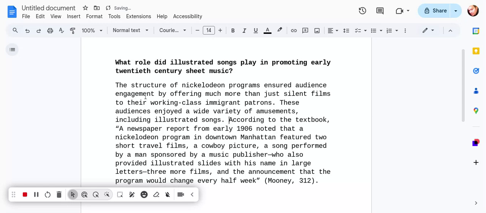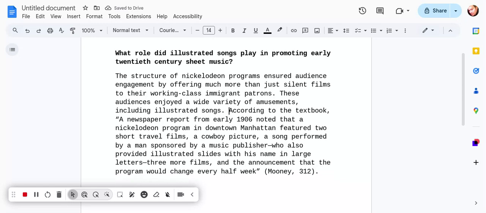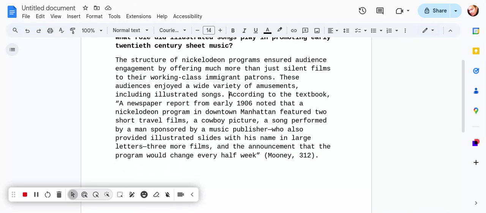the structure of Nickelodeon programs ensured audience engagement by offering much more than just silent films to their working class immigrant patrons. These audiences enjoyed a wide variety of amusements, including illustrated songs. Now you've got this quote from the textbook that actually supports what it is you're trying to say here.